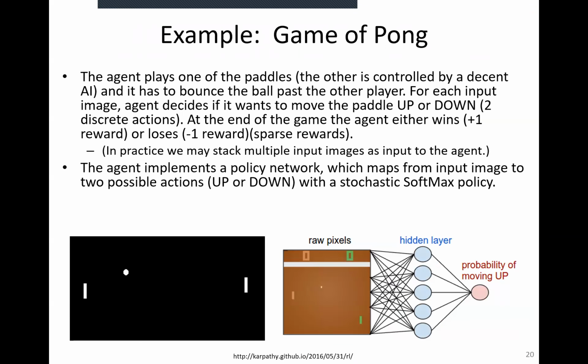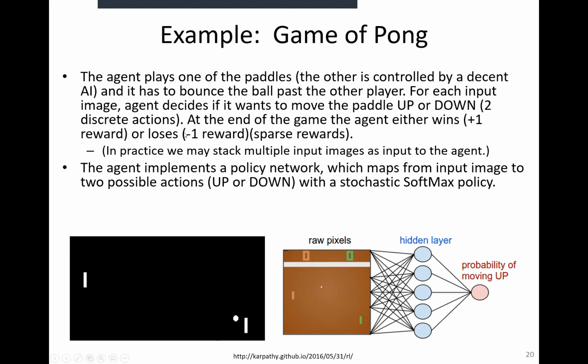So here's an example of a game of Pong. This is a classic video game that was used by DeepMind in their initial deep Q learning work. The agent plays one of the paddles. The other one is controlled by a decent AI and has to bounce the ball past the other player.